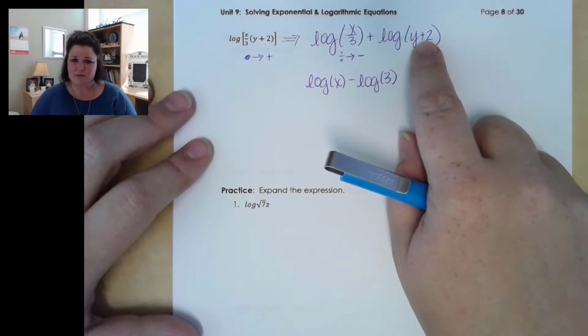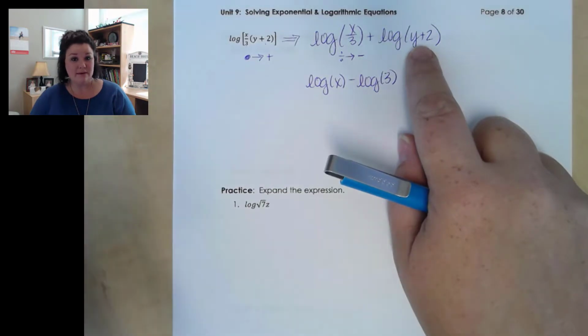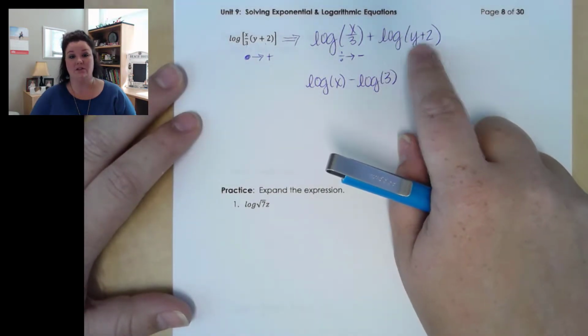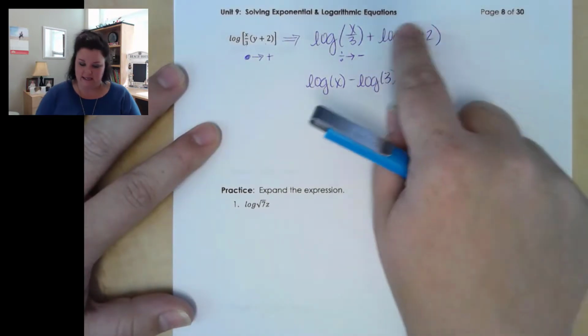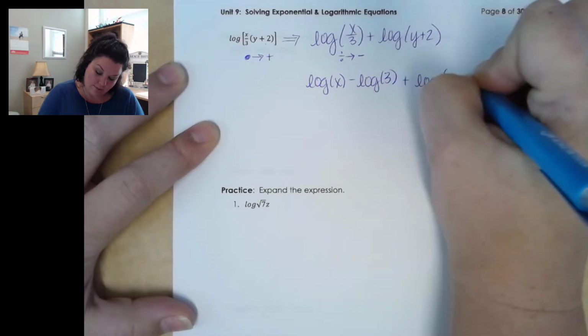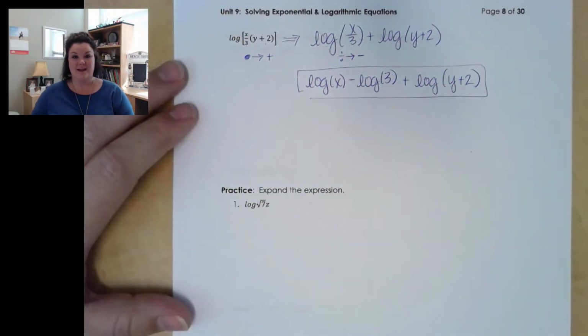And remember, we don't have rules for addition. So the only thing I could hope to do here is pull out a greatest common factor to create a multiplication, but I have no greatest common factor between y and 2. So there's nothing I can do with this last term, so I'm just going to leave it as is, plus log of y plus 2. And we just leave it like that, okay?